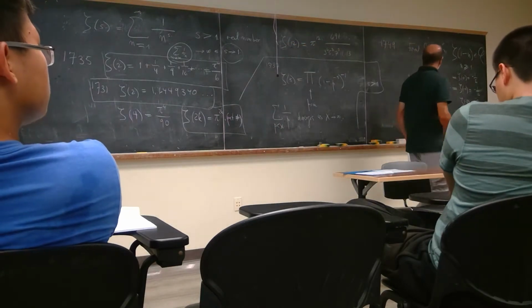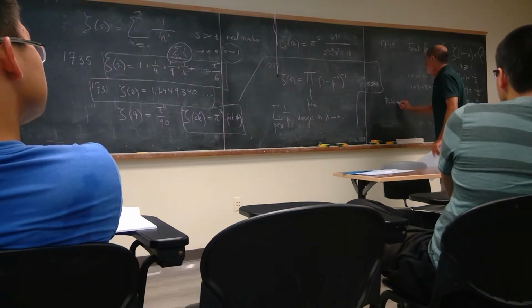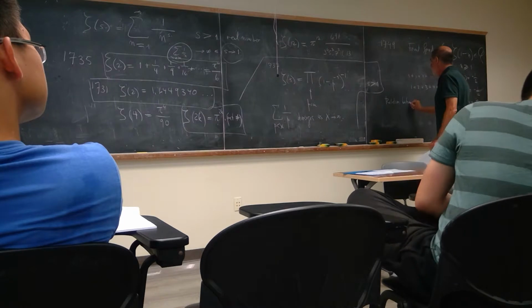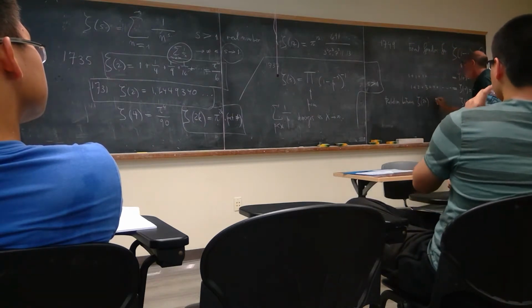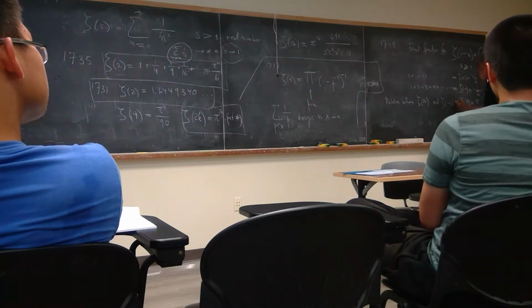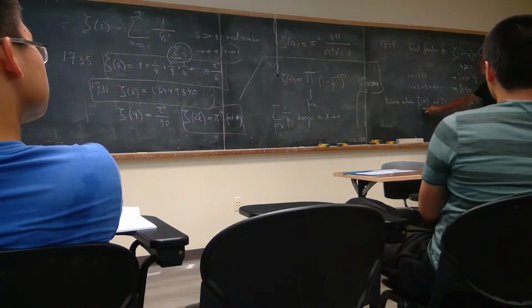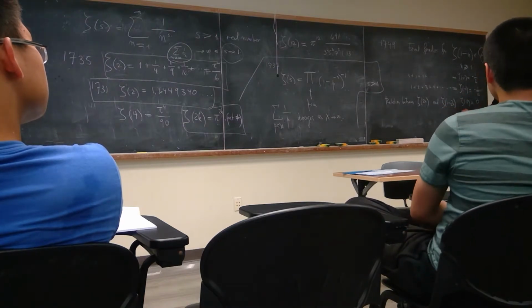but he found there was a relation between his formula for zeta of 2n and his formula for zeta of 1 minus 2n. I mean, they weren't equal because this was a power of pi times a rational number and this was a rational number, but they were related.